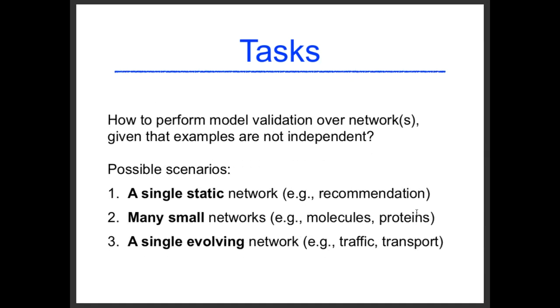When we have to deal with this kind of networks, you can have different scenarios. You can have a single static network, very big, huge network. You have a picture of that network at one single time, and that's all that you have. Okay.